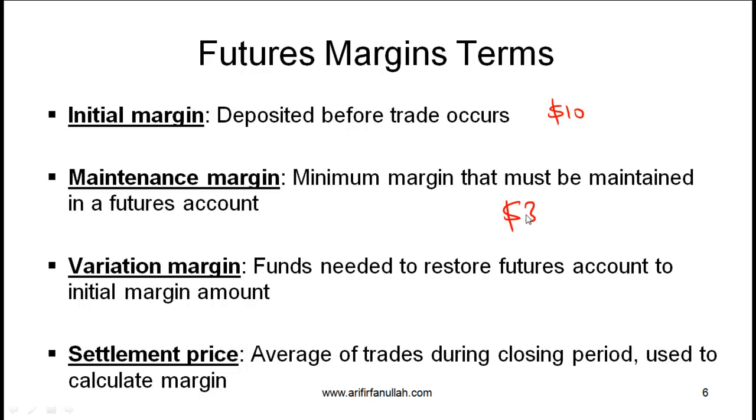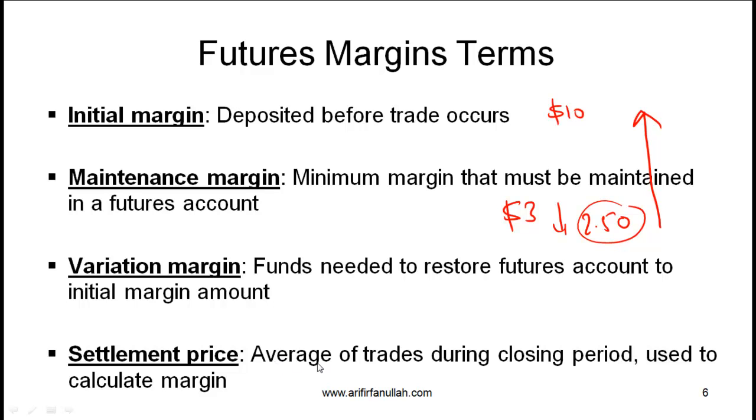Maintenance margin might be $3, which means that if your account balance comes down because of losses, let's say to $2.50, so it comes below the maintenance margin, then you need to add money to your account so you come back up to the $10 level. Variation margin is the funds that need to be added to restore the futures account to the initial margin. So the money that we need to add to come back to the initial margin, that's the variation margin.